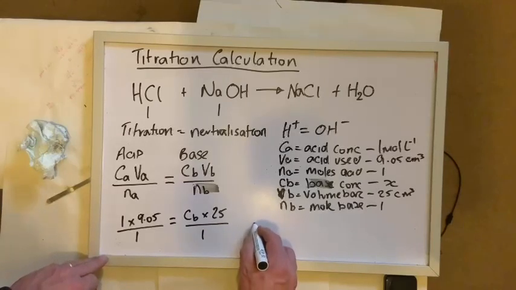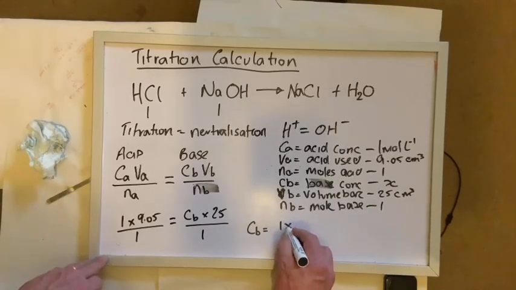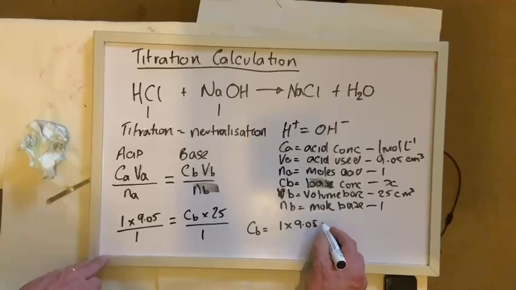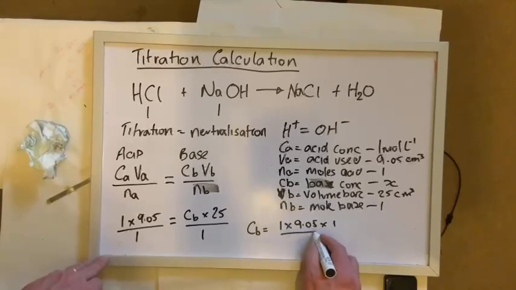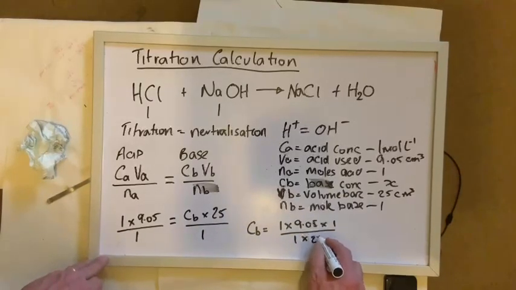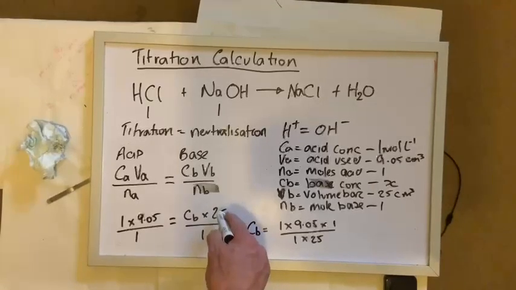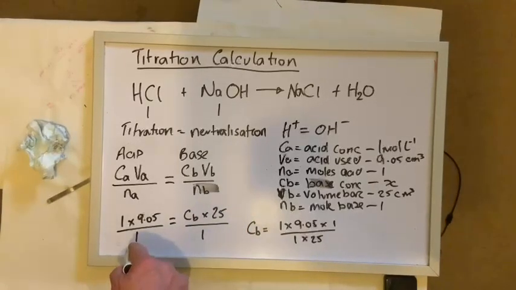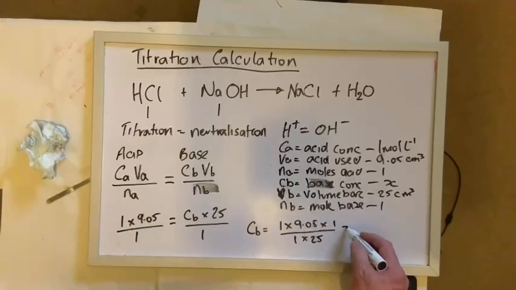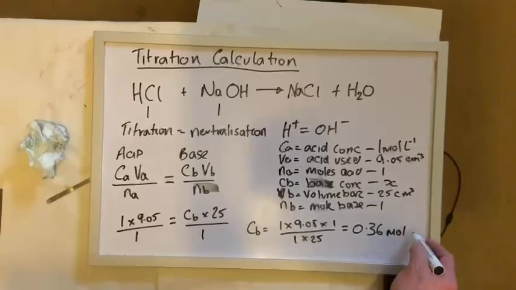So that's going to rearrange to Cb equals 1 times 9.05 times 1 divided by 1 times 25. Remember, when we're rearranging, whatever on this side changes to below it on the other side and up on the other, yeah? And that's going to equal 0.36 mole per litre.